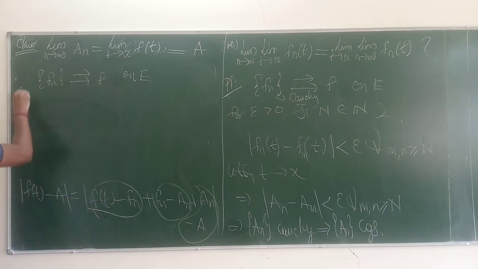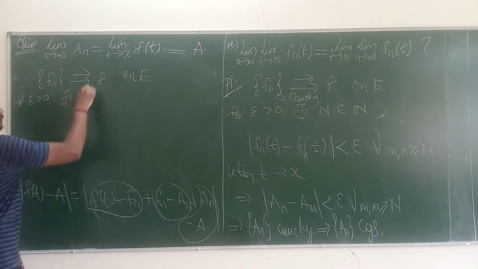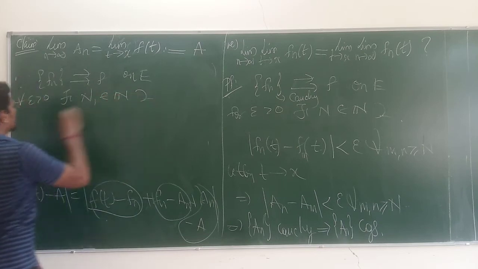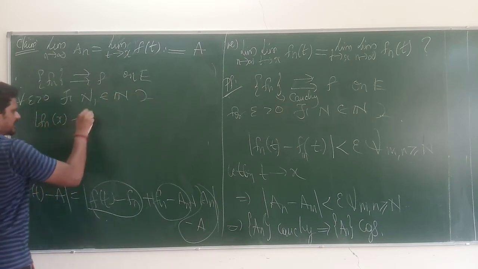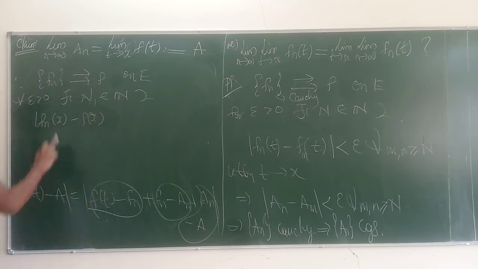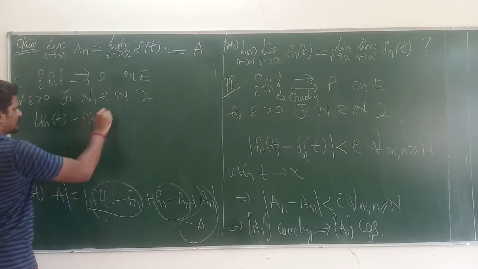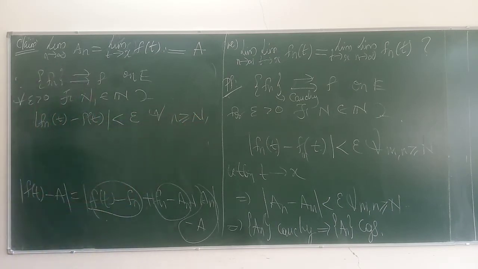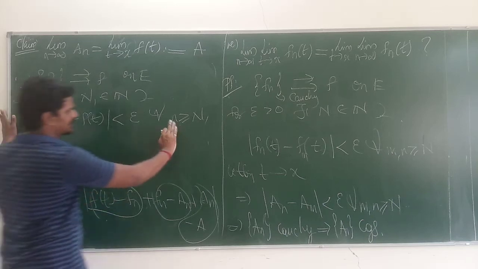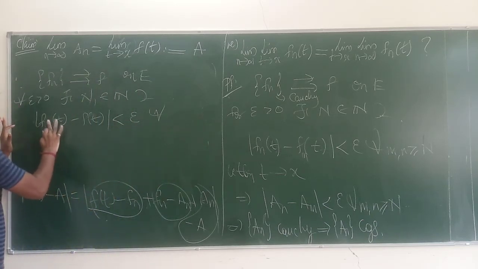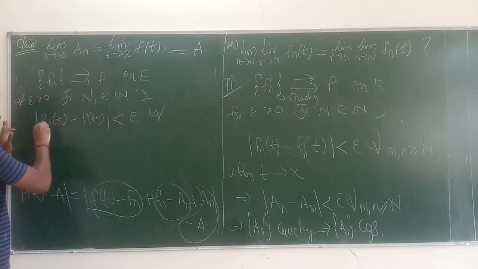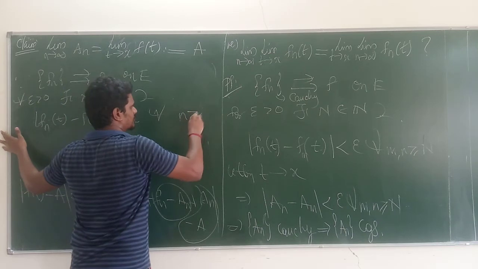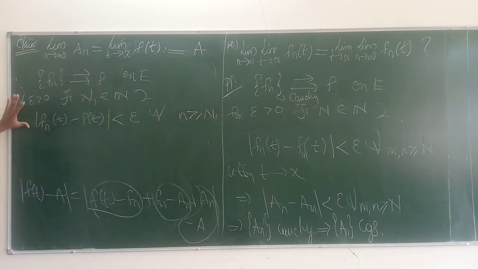For any epsilon greater than 0, there is an n1 such that mod fn of x minus f of x is less than epsilon for every n greater than or equal to n1. So instead of taking every n greater than or equal to n1, take this at n1. Okay, this is for the first term.